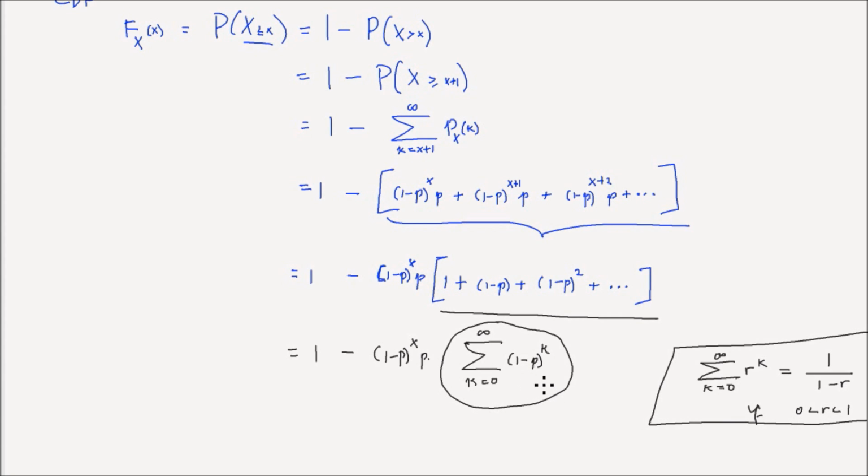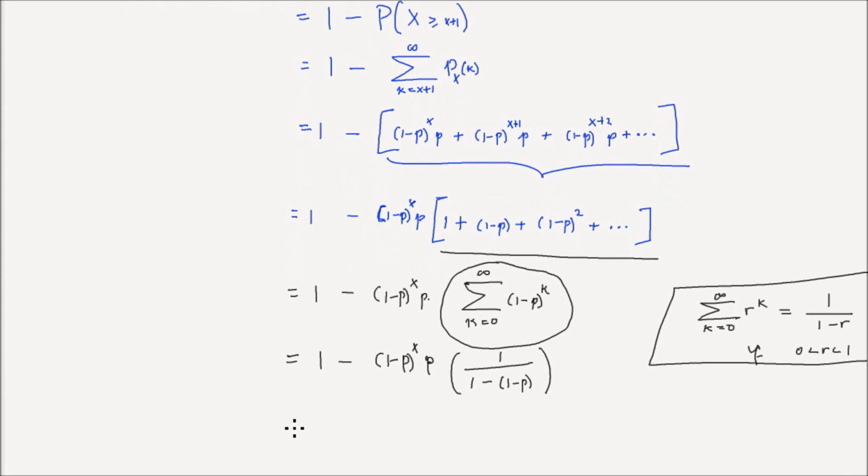Everything in this summation is the same as that one, except you have 1 minus p instead of r. So this summation is equal to 1 divided by 1 minus, the common ratio here being 1 minus p, which is 1 minus 1 minus p.